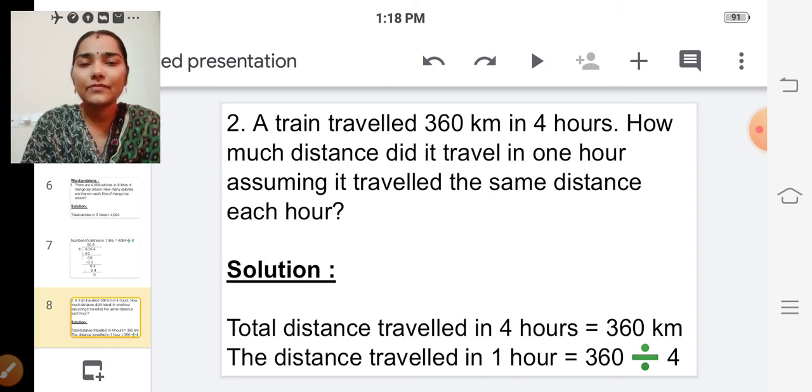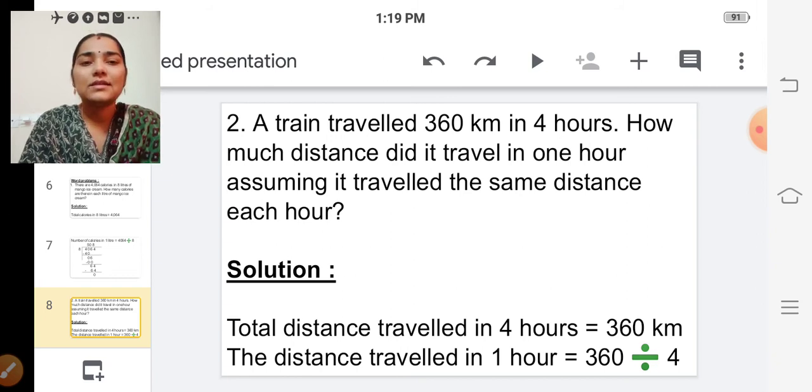In 4 hours the train travelled 360 kilometers. Then we have to find out in 1 hour how much distance it travelled, isn't it? So we have to divide this 360 by 4.